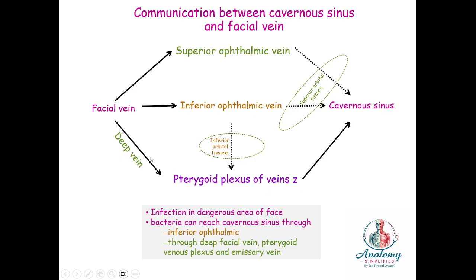So all these veins are valveless. If there is any kind of infection on the face, it can be carried till the cavernous sinus through this route, leading to thrombosis of this cavernous sinus, which is quite an emergency condition.